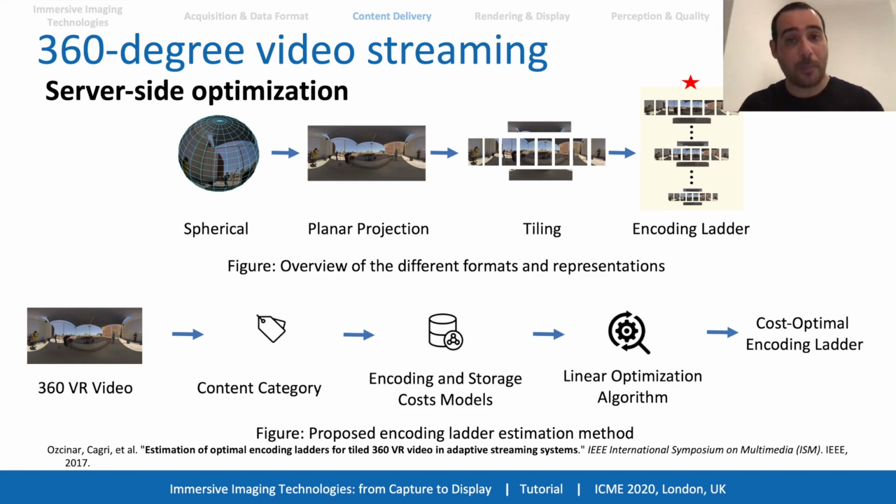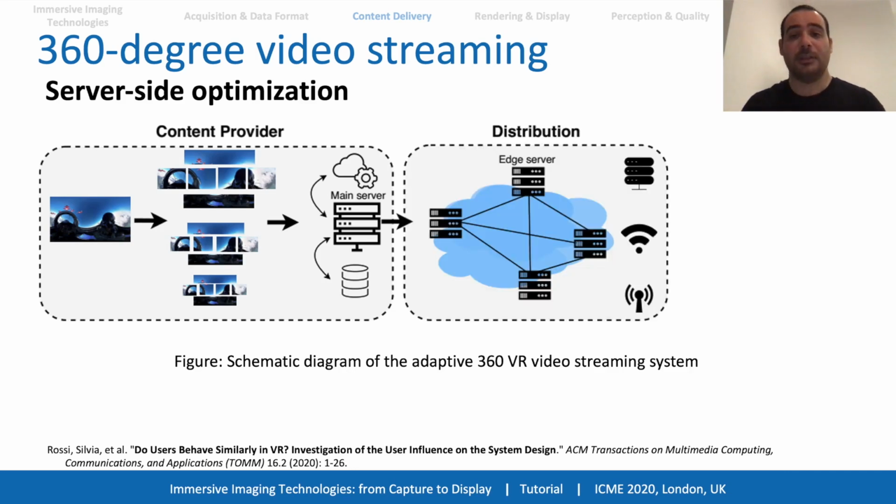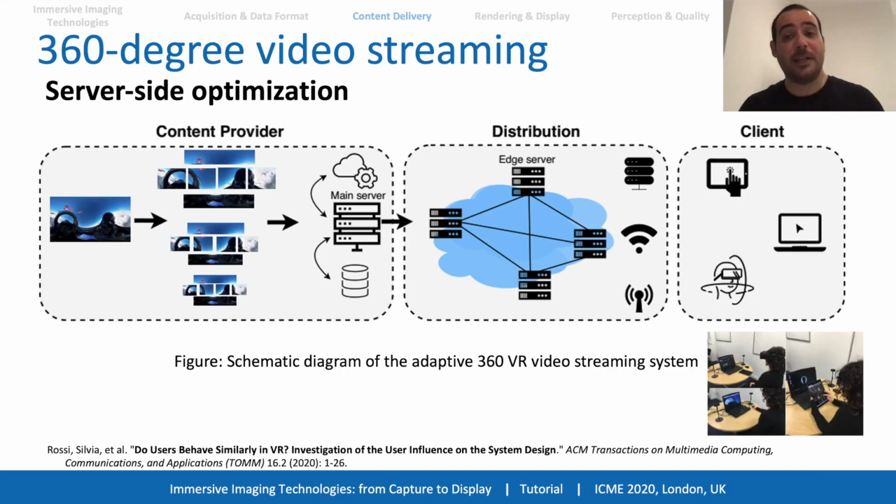In this method, by using the content category of 360-degree video, we can predict encoding and storage cost. For a given constraint by the user, we estimate cost-optimal encoding parameters using linear optimization before video encoding. Therefore, we have all the parameters before compressing a given video. Later, this work was extended to consider more diverse 360-degree videos and network devices such as Wi-Fi, 5G, and wired connection, as well as viewing trajectories with different user devices such as tablet, head-mounted display, and laptop.